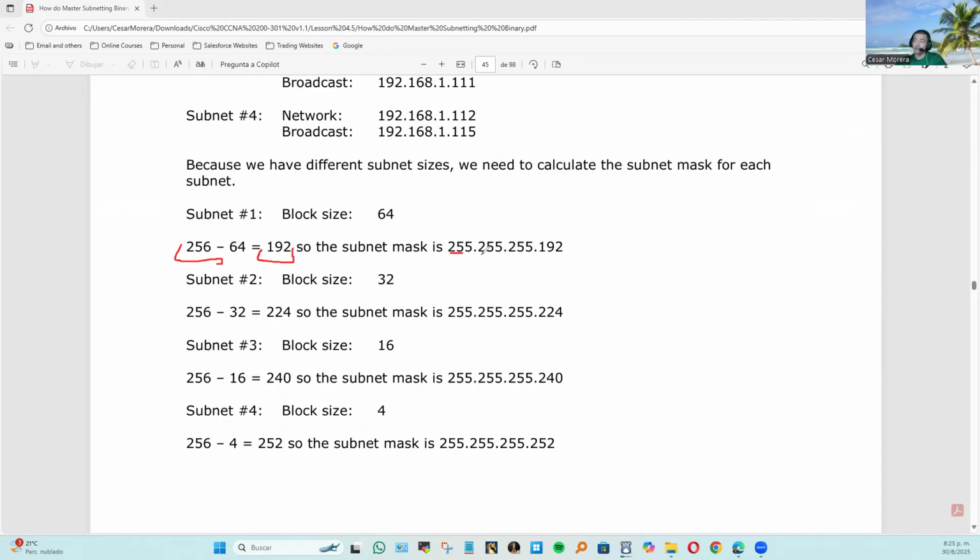The subnet mask will be 255.255.255.192. The first block is 64 because it's what we subtract. Now, in order to accommodate the amount of addresses and hosts, we need to subtract 32.